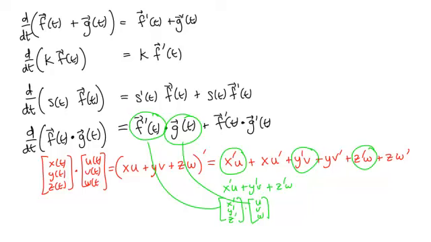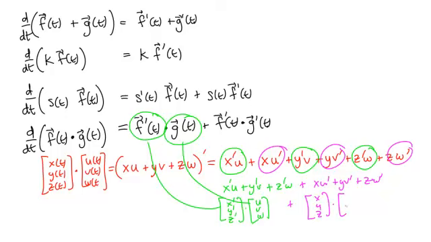On the other hand, we've got these remaining pieces. So we have x u prime plus y v prime plus z w prime. And if we stare at that long enough, that's x, y, z dotted with u prime, v prime, w prime. But x, y, z is exactly the vector f, and u prime, v prime, w prime, that's exactly g's derivative. And so once again, we see that the product rule holds.